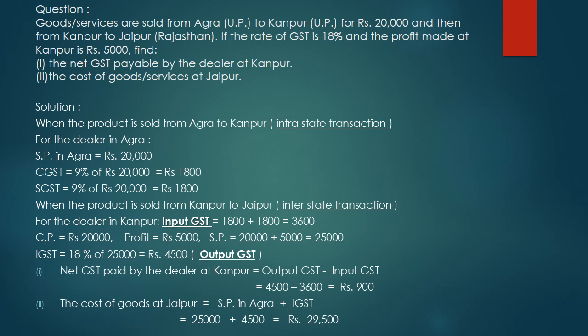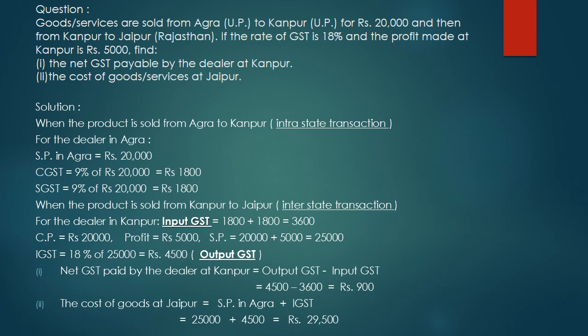So net GST will be equal to tax collected minus tax paid, which is output GST minus input GST. So 4,500 minus 3,600 will be equal to 900 rupees.